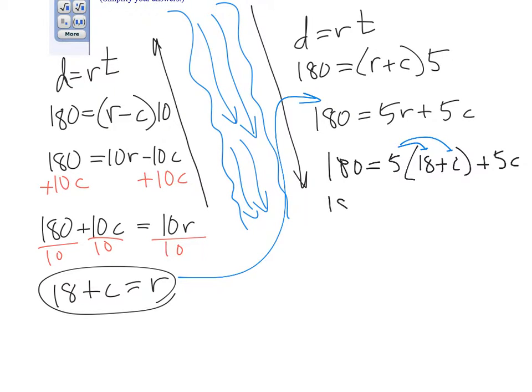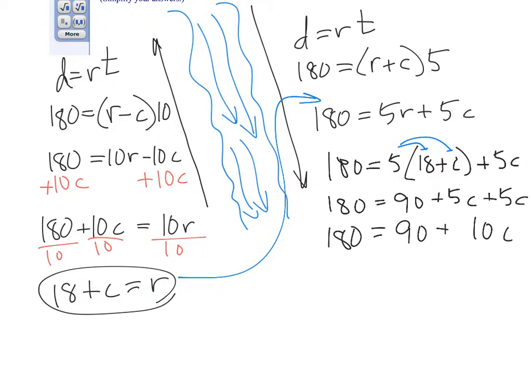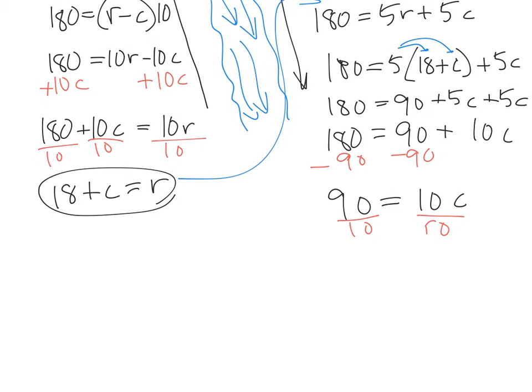So that ends up being 180 equals 90 plus 5C plus 5C, and that's 180 equals 90 plus 10C. We're going to solve for that C. So we're going to subtract 90 from both sides. So you end up with 90 is equal to 10C. So dividing by 10 tells us that C is equal to 9.